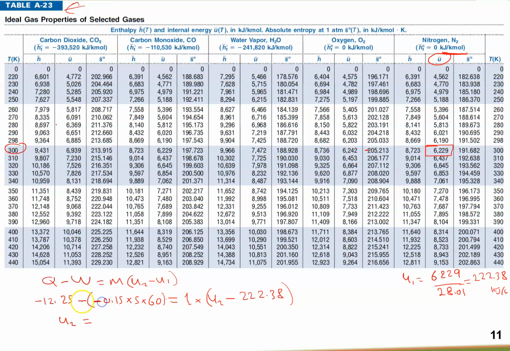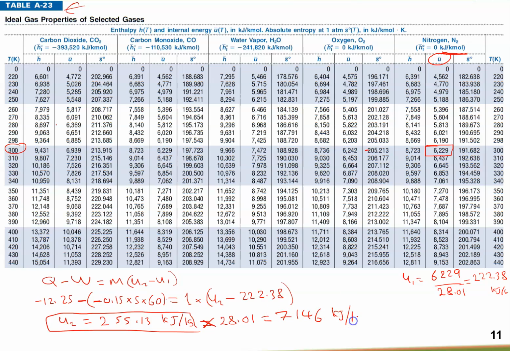From here, we get U2, and if we solve, it's very simple. Just see here, negative and negative, so this will be positive, and what we will have is that U2 equals 255.13 kilojoule per kilogram. So now we convert this value, multiplying by 28.01 again, and this will give you 7146 kilojoule per kilomole.